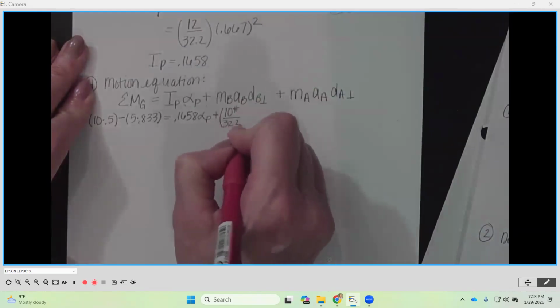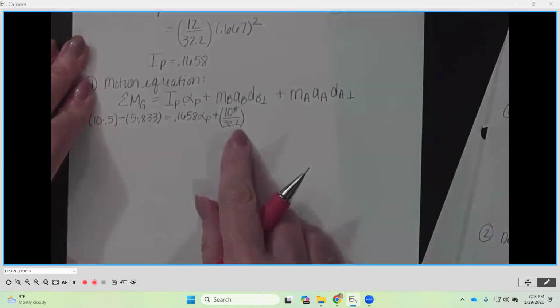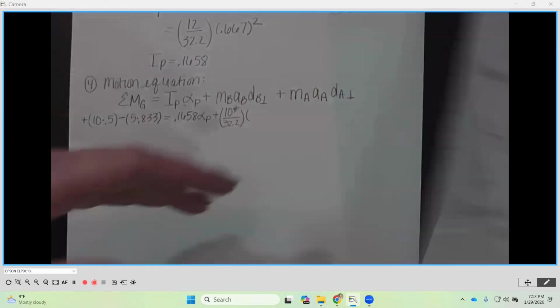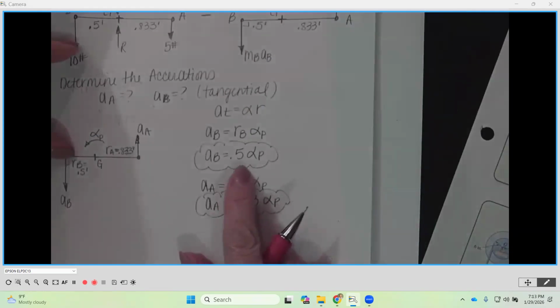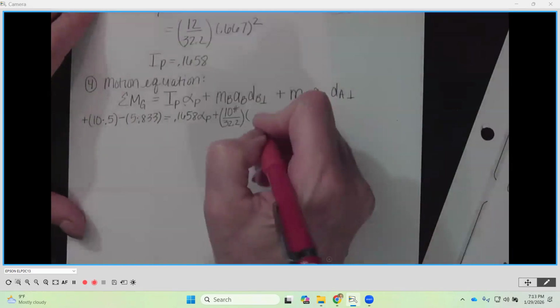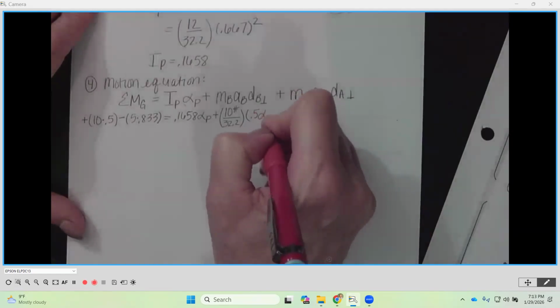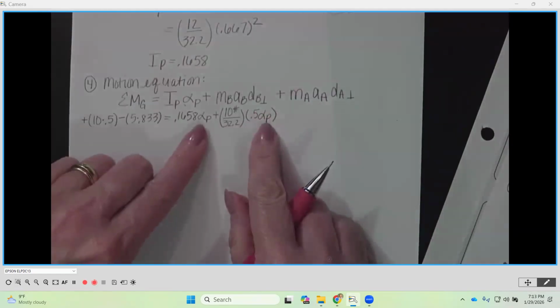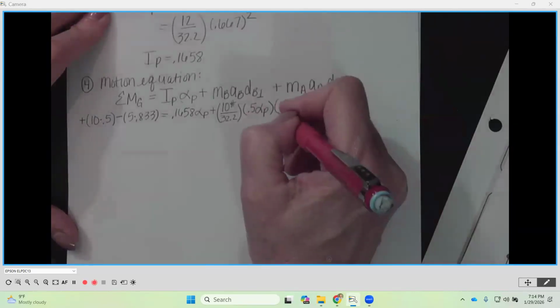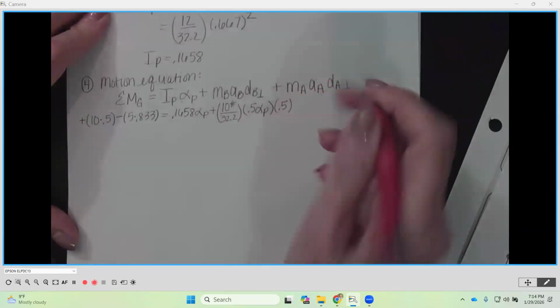And we're going to divide that by 32.2. That's the mass times the acceleration of block A. If we go back over here, we know that to be equal to 0.5 alpha p. So 0.5 alpha p, that's the angular acceleration of our pulley, times the perpendicular distance, which is the radius. So that's going to be 0.5 again.